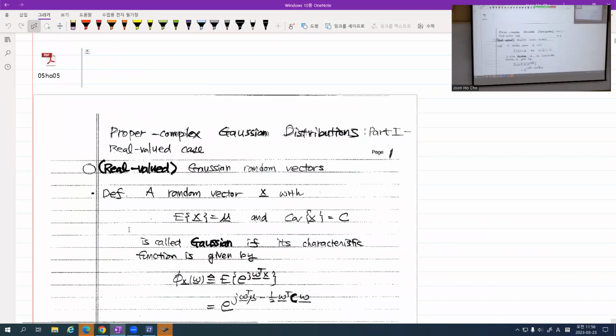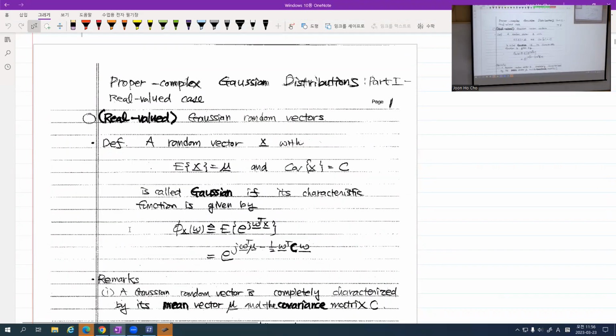Anyway, let me very quickly cover this, because I found that many of you lack knowledge on Gaussianity. So let me be quick. First, let's review real Gaussian. What is the characteristic function of a real Gaussian random vector? This is the characteristic function.